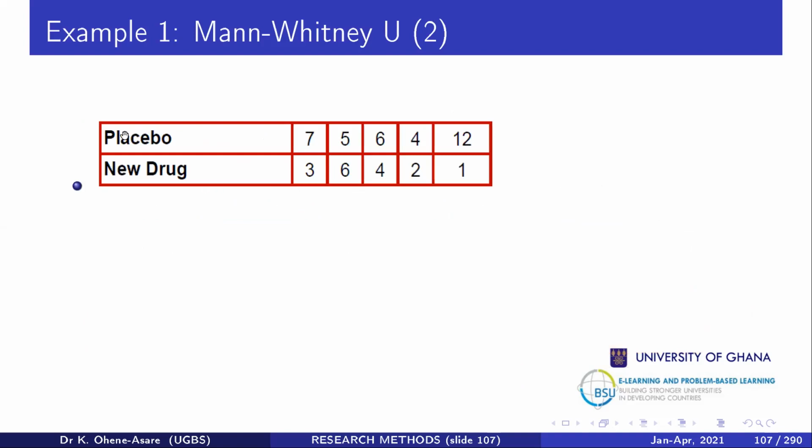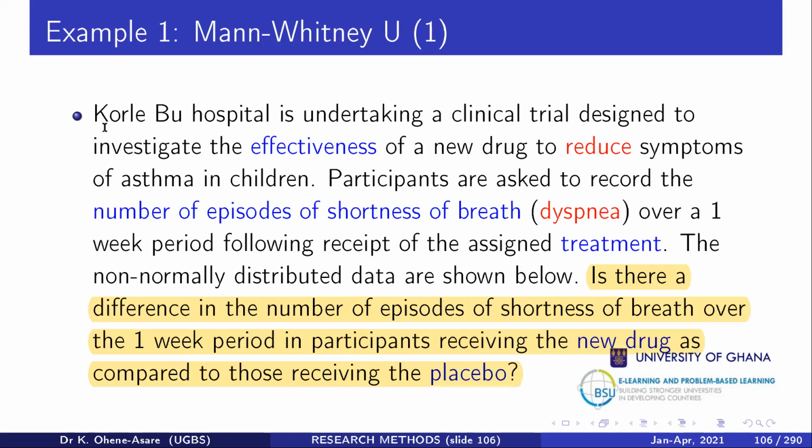The data is indicating that there are 5 people who took the placebo. By the way, what is a placebo? A placebo is an injection or a drug, or anything actually, that is given to a patient and is psychologically used to make the person think they are taking the actual drug, so that it gives that person some cathartic ventilation effect.